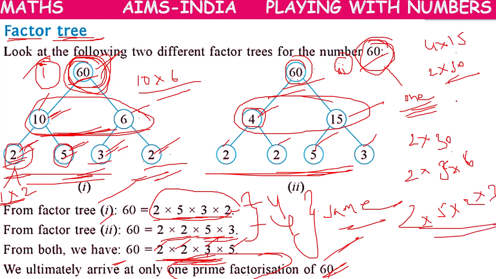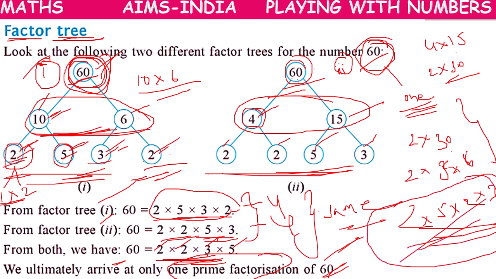Like that, our number of steps may be different, our approach may be different, but finally the prime factorization is only one. We can have multiple factorizations, like 10 into 6, 4 into 15, 2 into 30, but for all factorizations, the prime factorization is unique. It's always one.